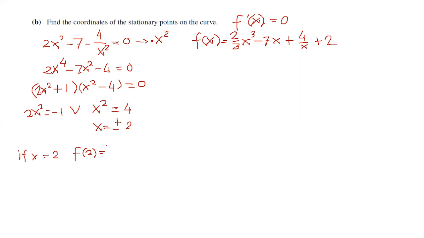It means it becomes 2/3 times 8 minus 7 times 2, 14, plus 2 plus 2, okay, equals 16/3, okay, minus 10. 16/3 minus 30/3, negative 14/3.